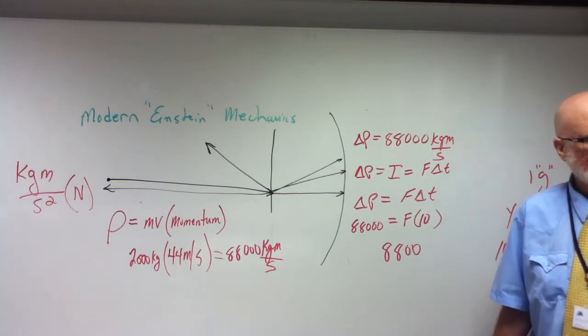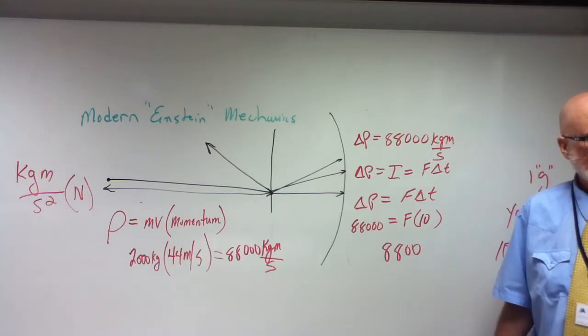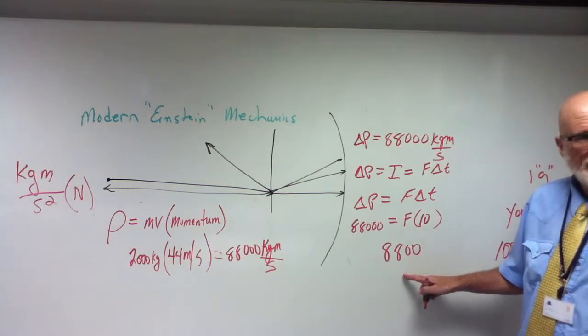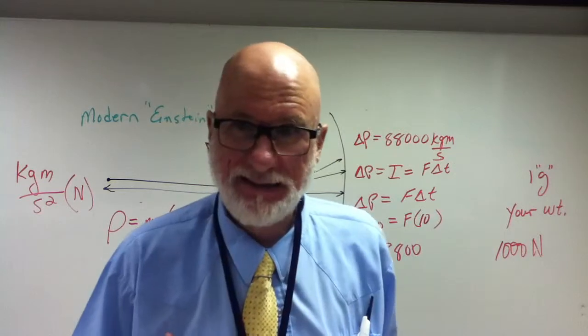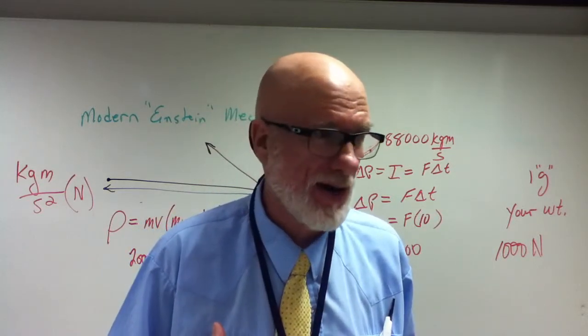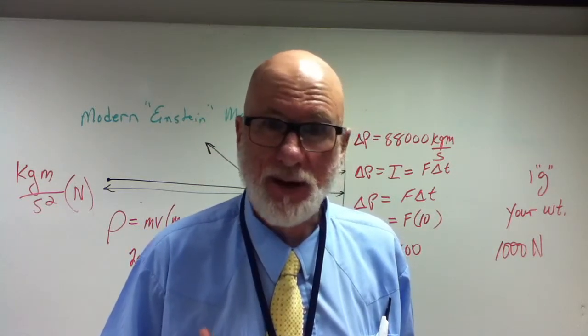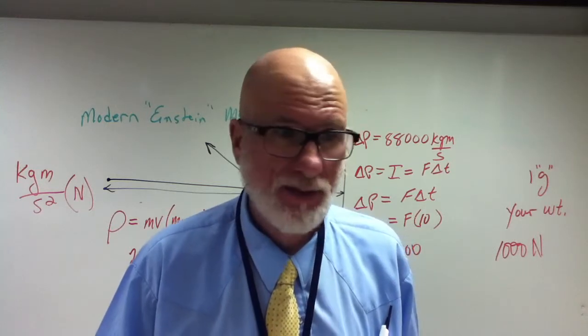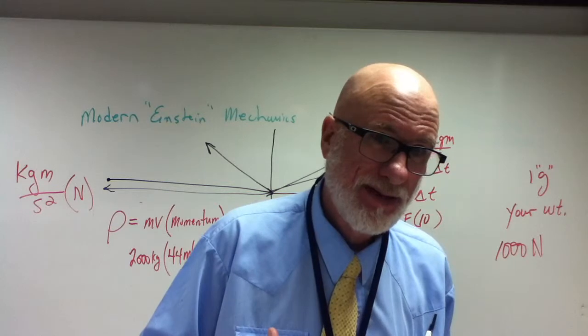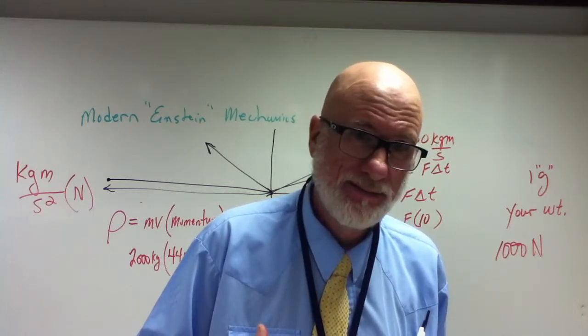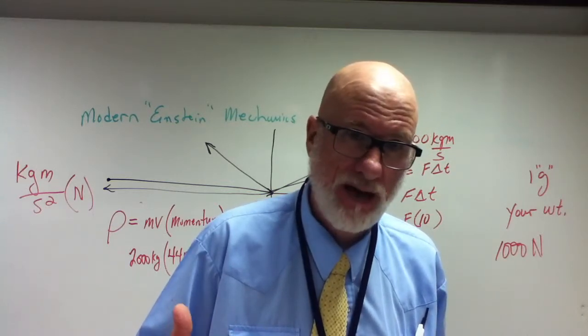You want to stop in 10 seconds? I'm going to feel 9 times my weight. Okay? I'm going to feel horrible, aren't I? What happens if I hit that dashboard? What happens if I hit the window? What happens if I hit the steering wheel? I'm going to feel terrible, aren't I? Right? Yes or no?